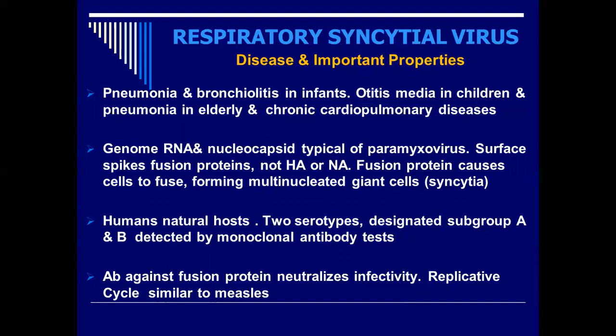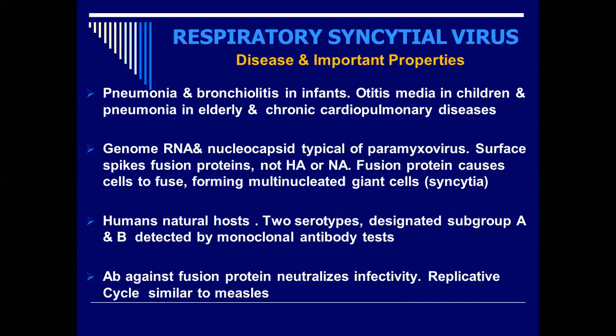So one virus, different clinical symptoms and involvement of different organs. In infants, it causes pneumonia and bronchiolitis. In children, it mostly causes otitis media along with pneumonia, but it causes pneumonia in the elderly, immunocompromised individuals, and those who are suffering from chronic pulmonary diseases.